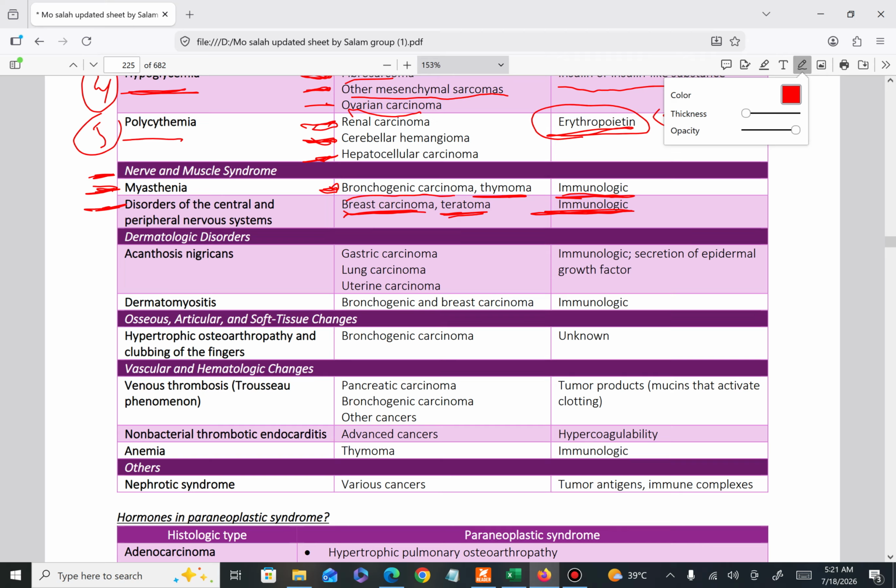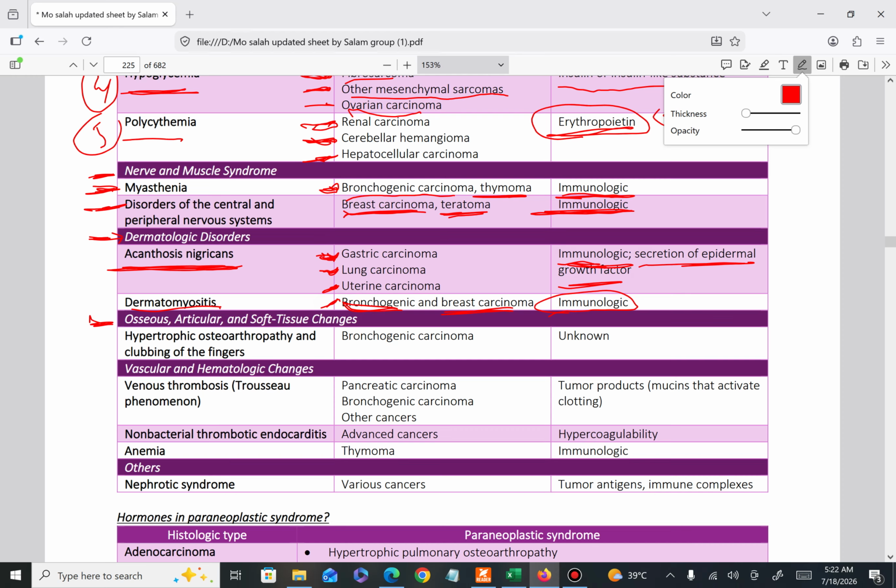Then the dermatological paraneoplastic disorders are acanthosis nigricans and dermatomyositis. Acanthosis nigricans is associated with gastric carcinoma, lung carcinoma, and uterine carcinoma; it is immunological in mechanism, and it secretes epidermal growth factor. Dermatomyositis is associated with bronchogenic carcinoma and breast carcinoma, and the mechanism is immunological.